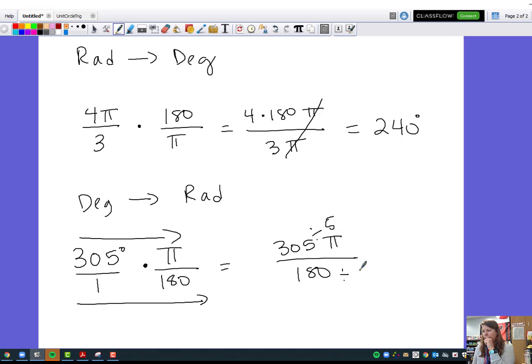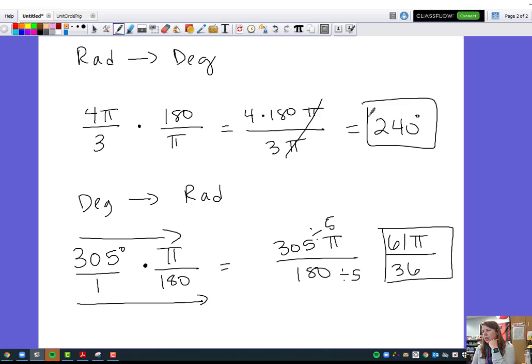So I'm going to divide that by 5 and that by 5. 5 goes into 30 6 times, and 5 goes into 5 once. So 61 pi over 36 would be my final answer. Nothing else divides out or simplifies on that one. That's going to be my degree angle measure, and this is going to be my radian angle measure.